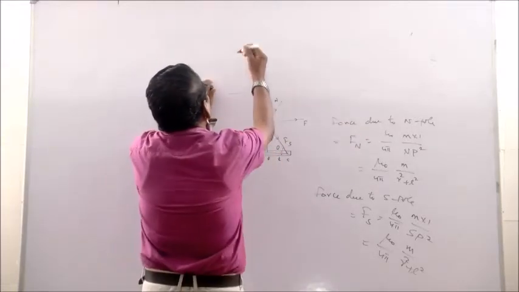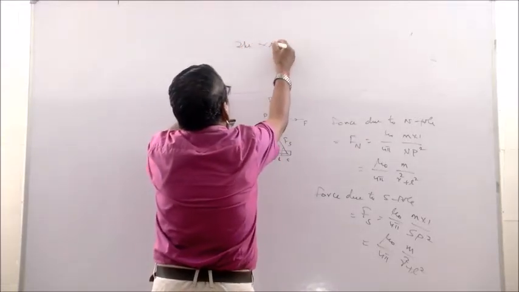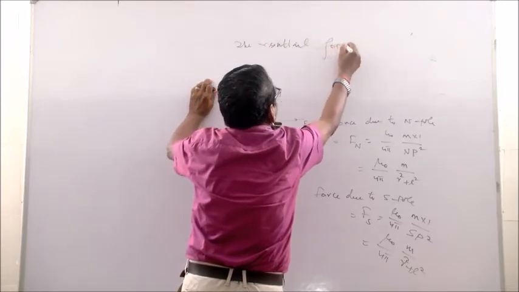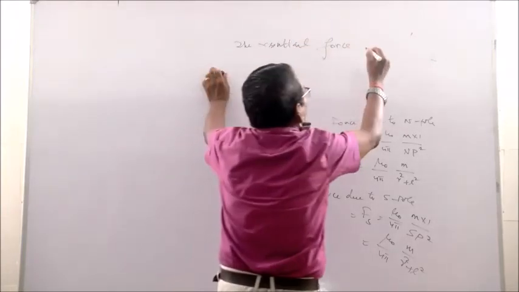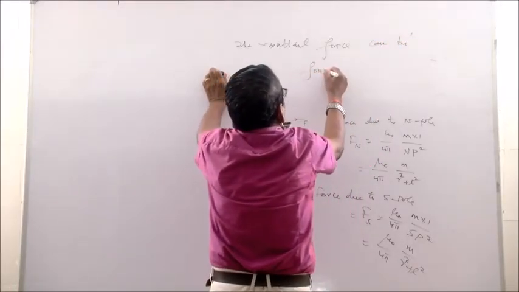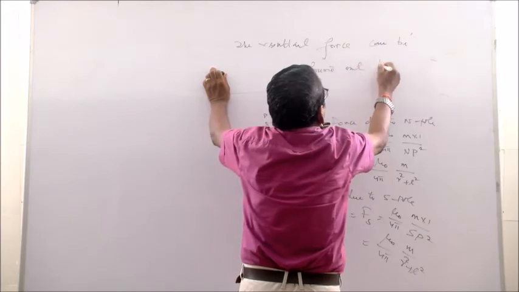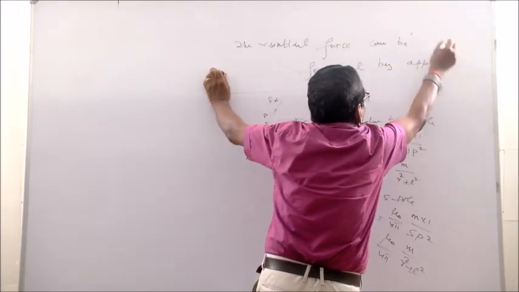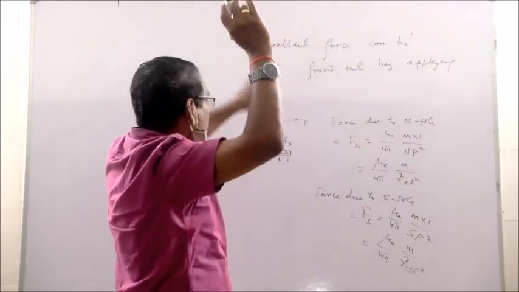The resultant force, or field intensity. The resultant force can be found out by applying the parallelogram law of addition of vectors. You mention this in the examination, so the examiner can understand that you know the things.